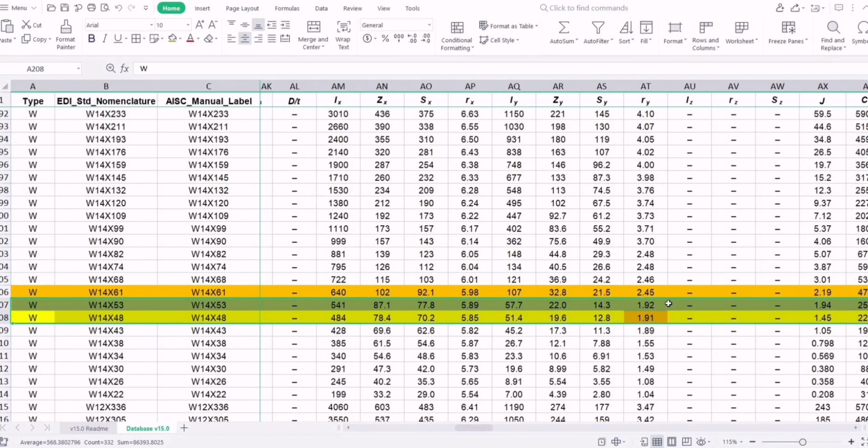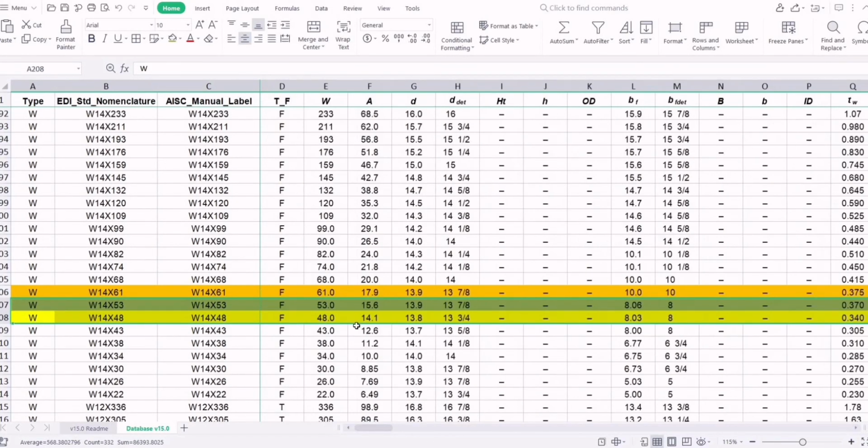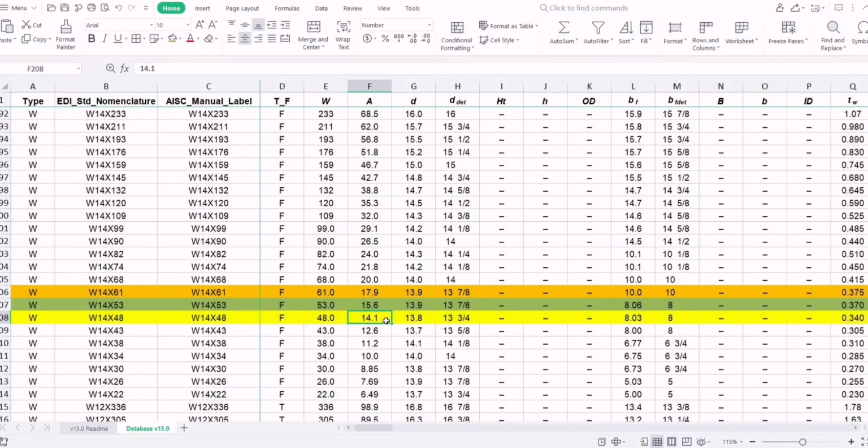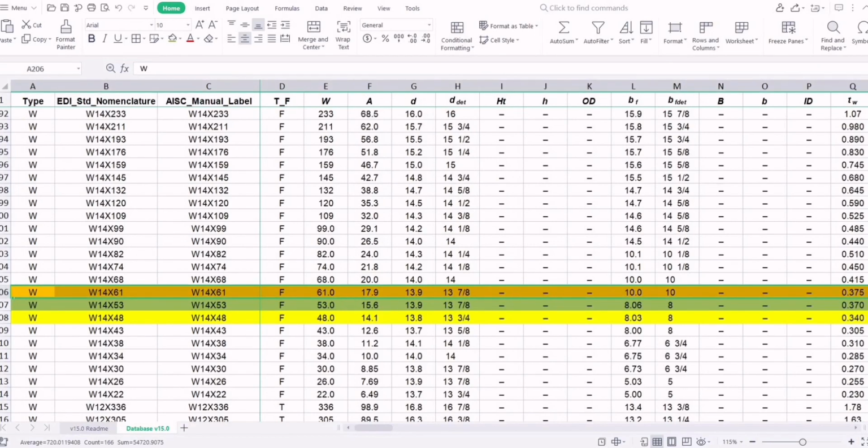Maybe we are not to arrive at a great change in capacity since the radii of gyration are almost equal. When it comes to the areas, the area of the W14 by 48 is 14.1 and the area of the W14 by 53 is 15.6. Again, these are close values. So I just wanted to make sure that our new trial section, the W14 by 61, will be adequate.